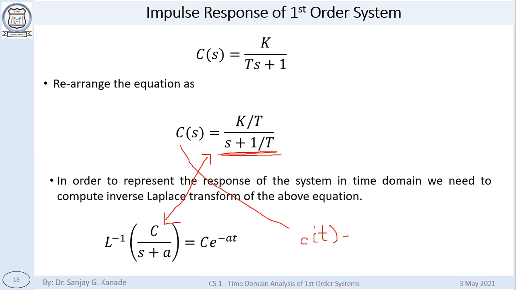C of t will be equal to K by T, and e raised to minus A, where A in this case is 1 by T. So it is K by T e raised to minus t upon capital T. Here small t is the time domain variable and capital T is the time constant.